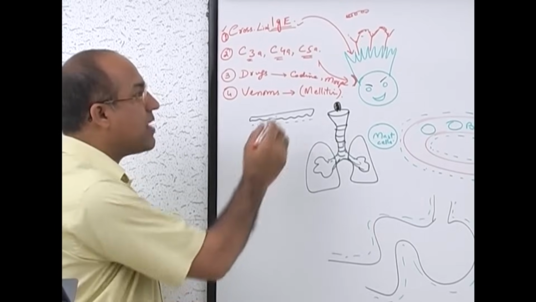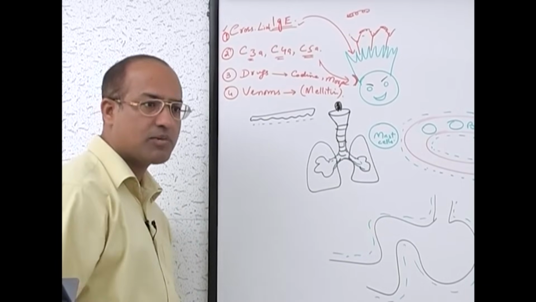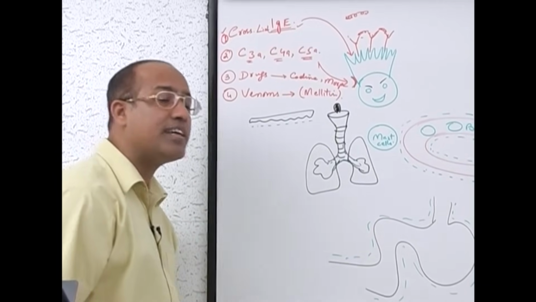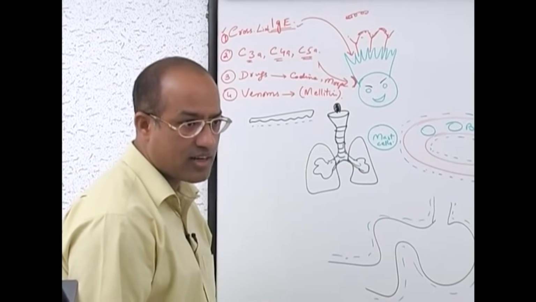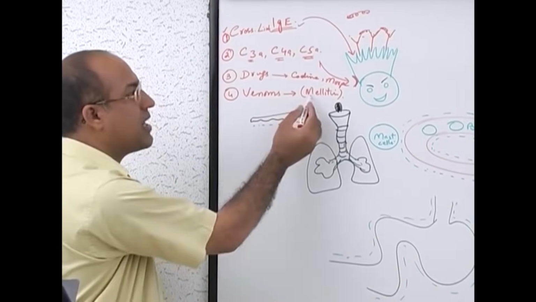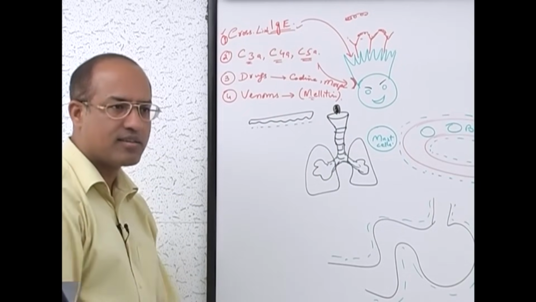So these mast cells can be stimulated by these substances, especially if you have made IgE against them. But venom of the snake can directly stimulate mast cells.